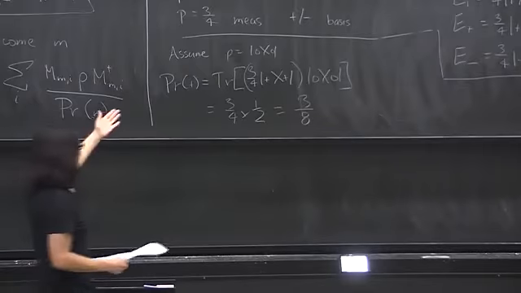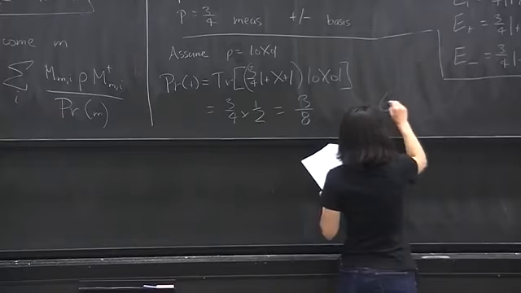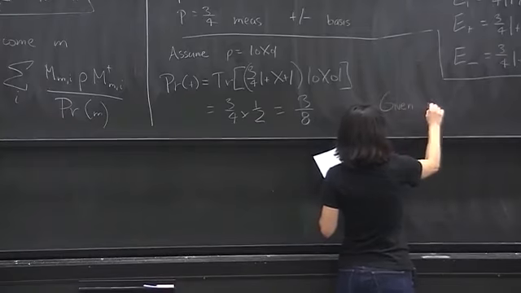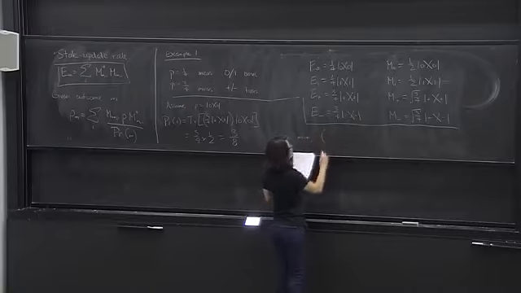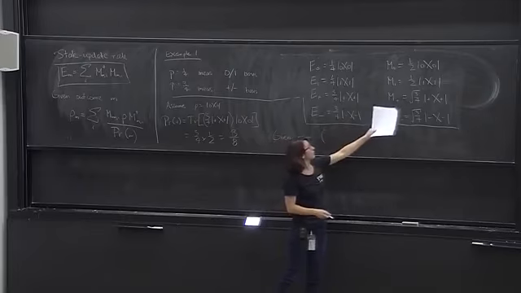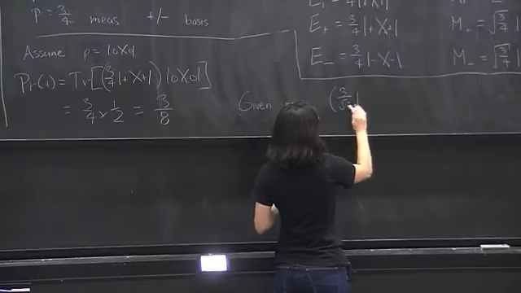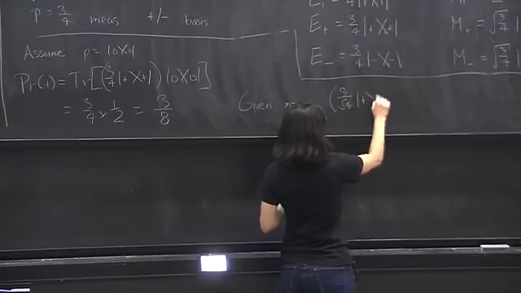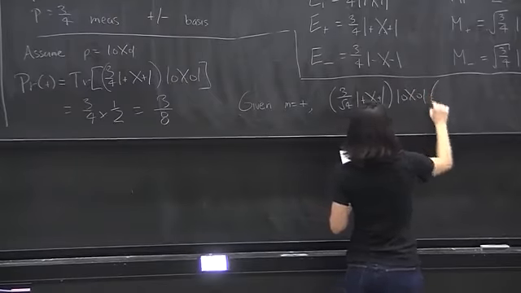And then given this outcome, what's going to be the post-measurement state? Then we can apply the state update rule, where now we use the measurement operator acting on the initial state.